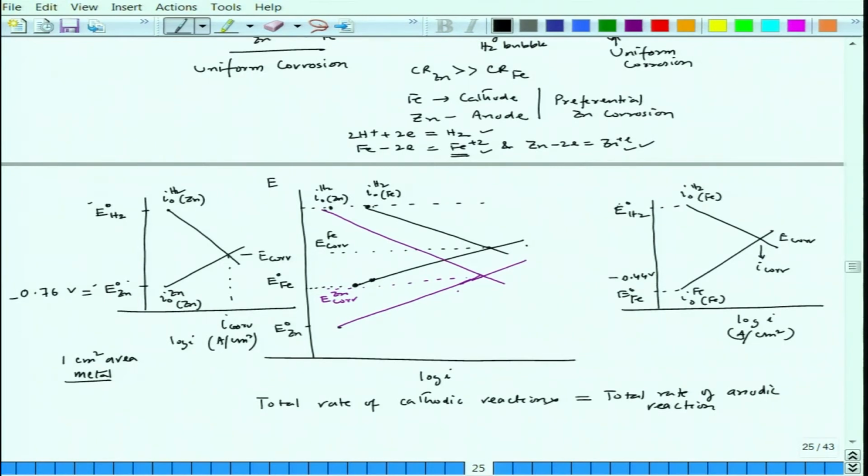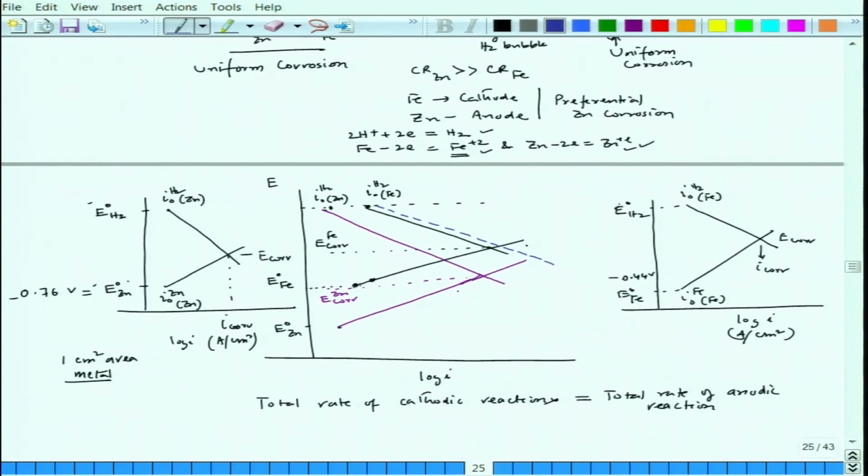So, now here you have to add these hydrogen reduction reactions, and you have to also add the total metallic oxidation.